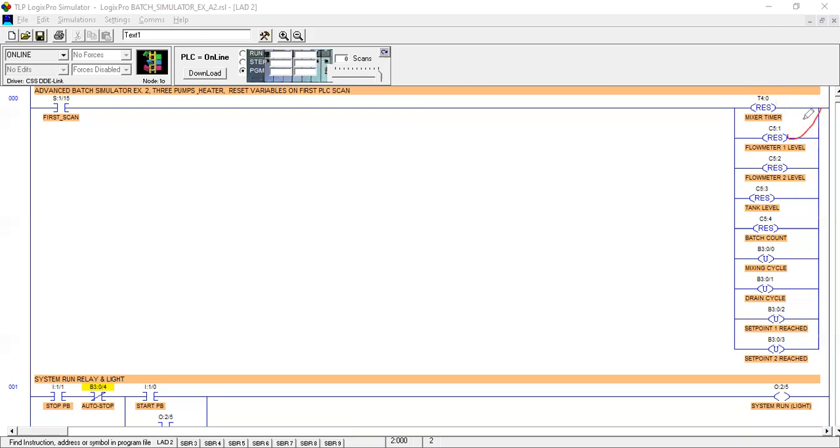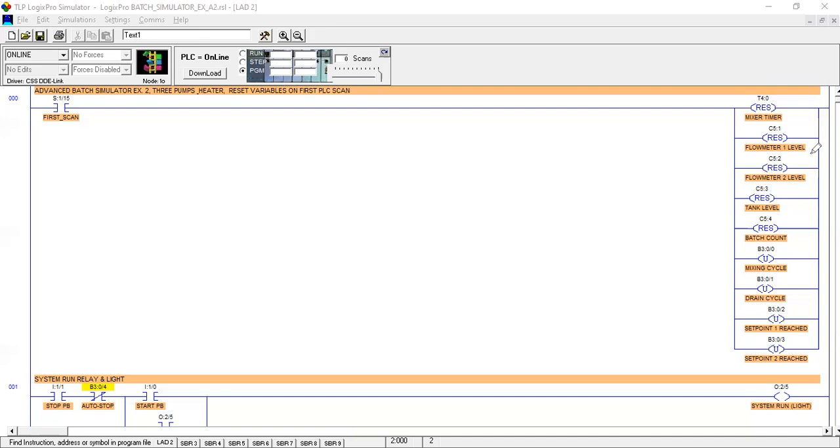In the second we have the counter reset. The counter counts the flow of liquid. If you are filling the tank, your flow meter senses how much quantity of liquid is flowing in.